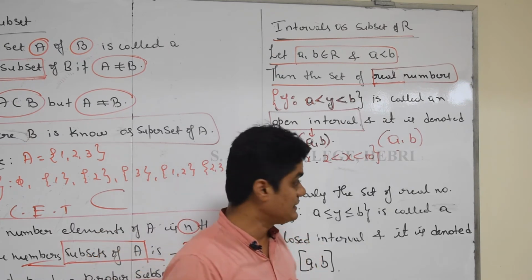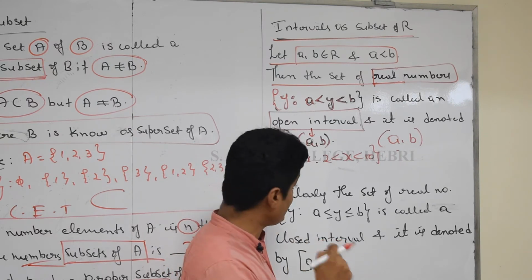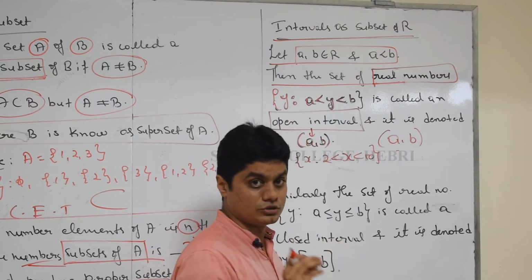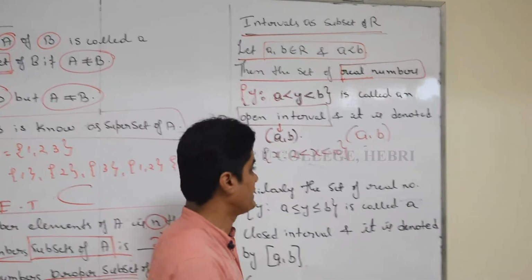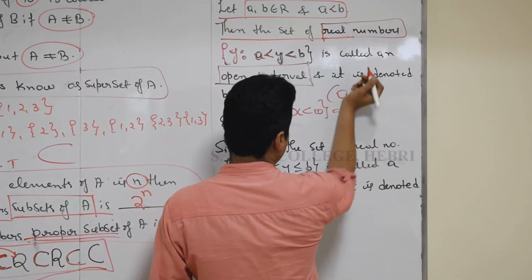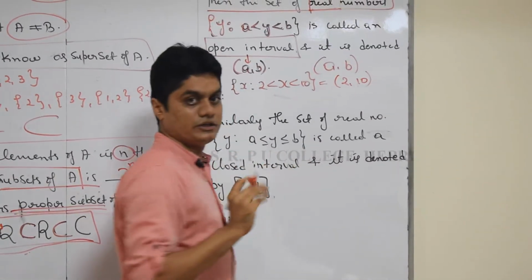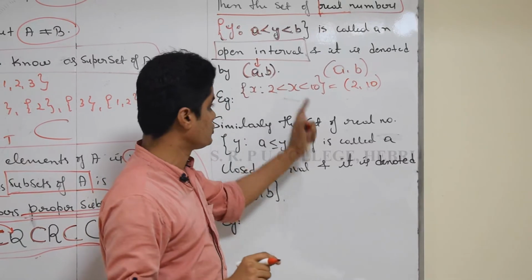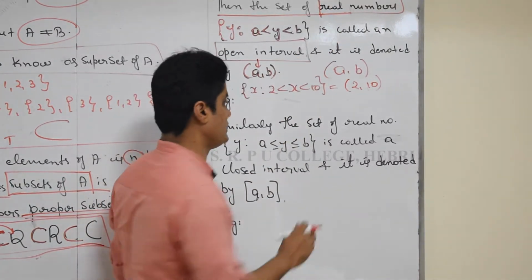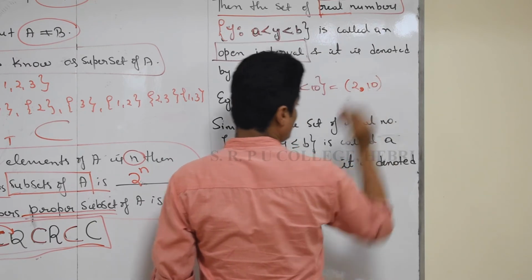There are infinitely many real numbers between every two real numbers. So you cannot list out each and every element between 2 and 10, because it is a set of all real numbers. But you can easily write it in terms of the interval (2, 10).